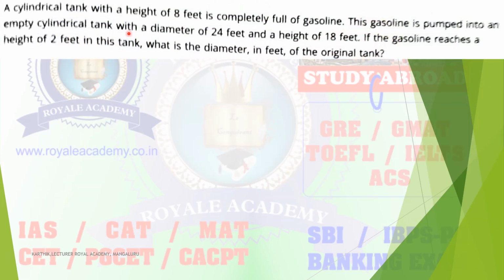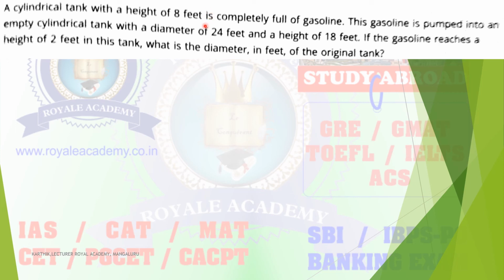A cylindrical tank with a height of 8 feet is completely full of gasoline. This gasoline is pumped into an empty cylinder tank with a diameter of 24 feet and a height of 18 feet. Okay, so the cylinder tank of height 8 feet is completely filled, that is one tank, the gasoline filled tank.